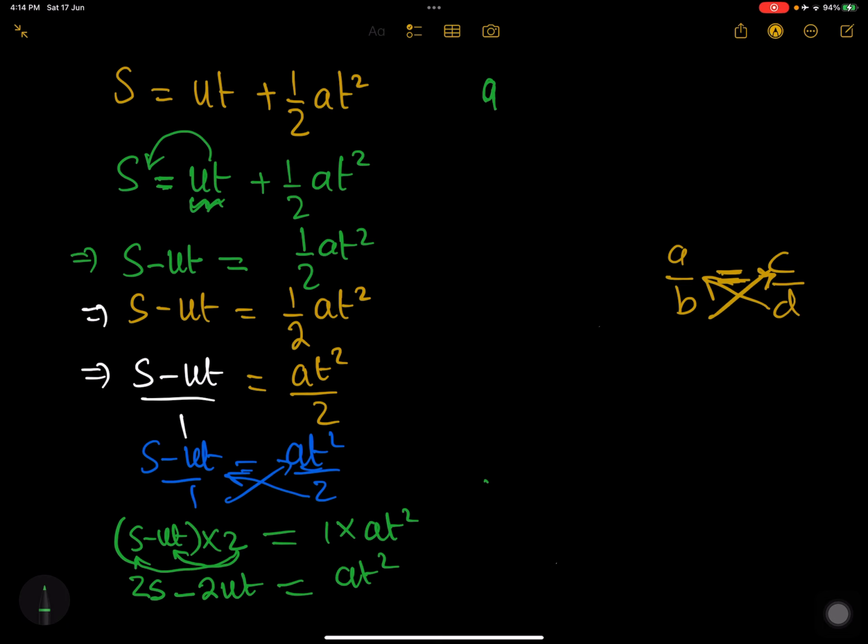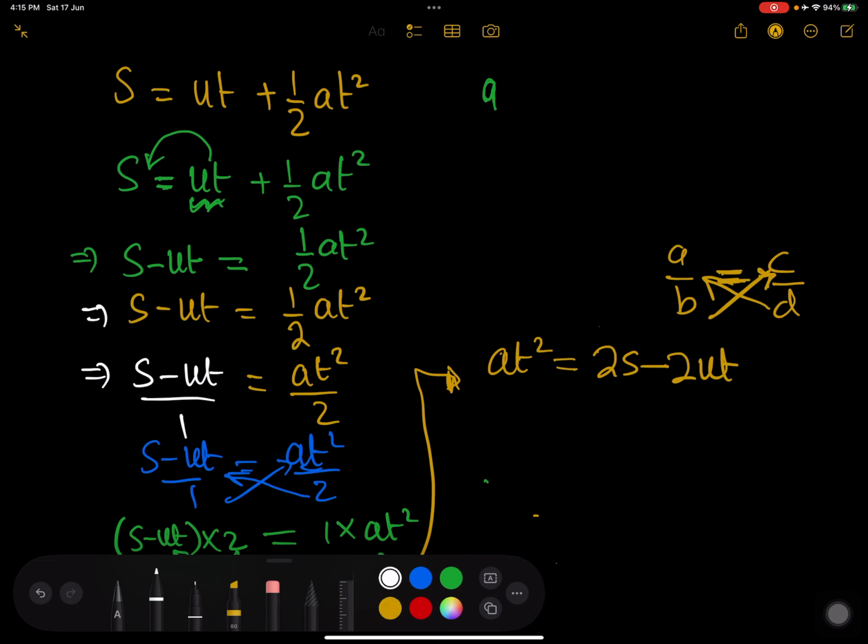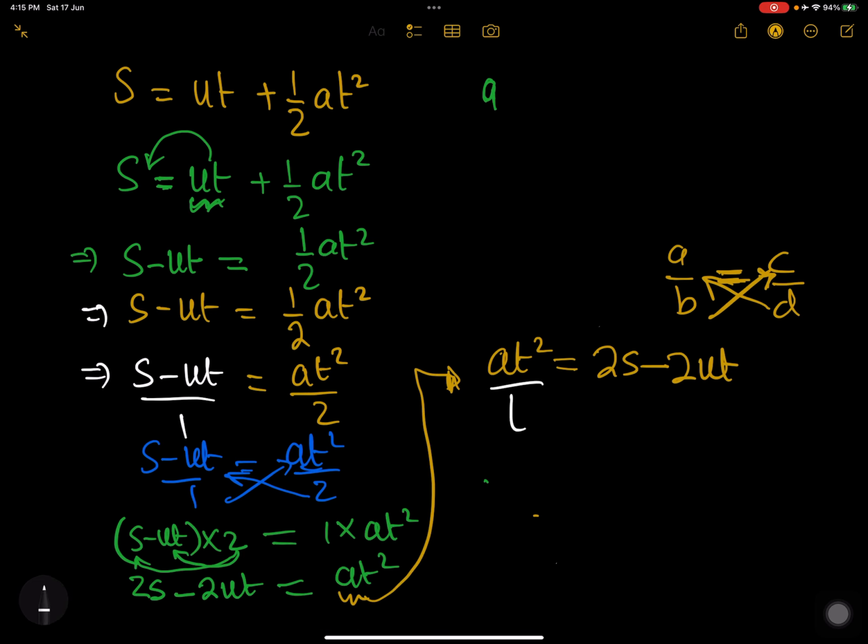But we need a. As we need a, we are going to divide that at squared that we have, which is 2s minus 2ut, by t squared. We need to divide it by t squared and divide it by t squared.